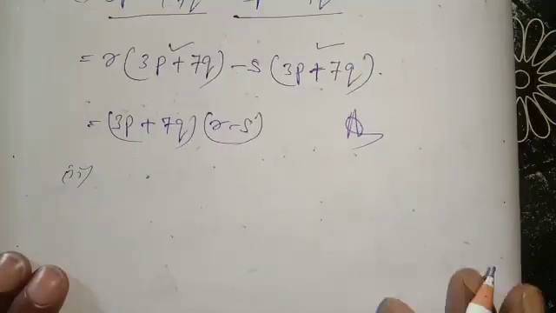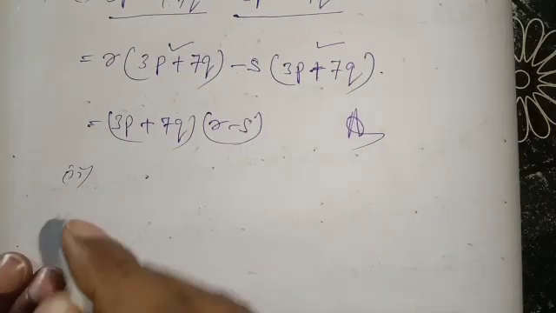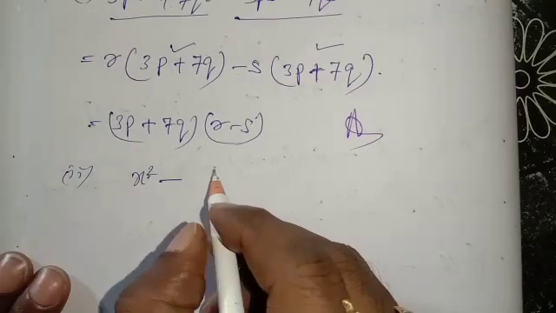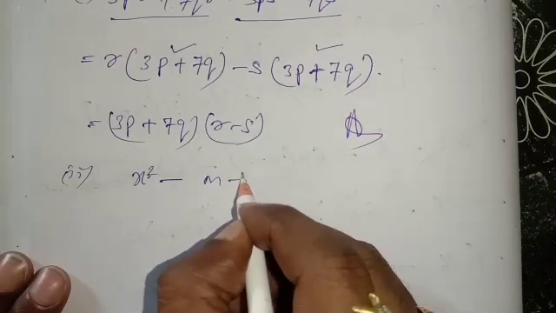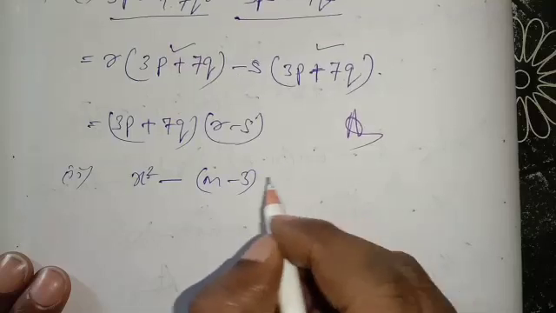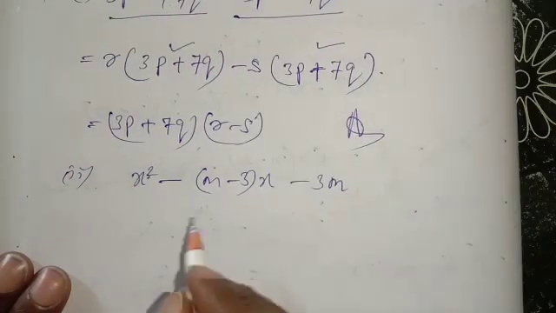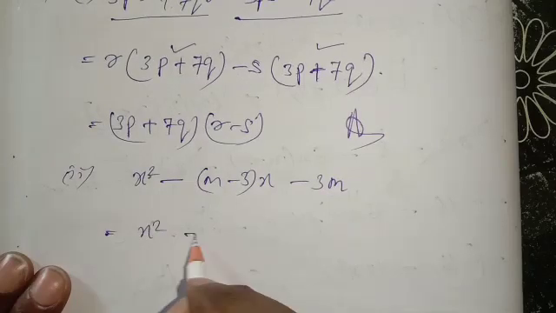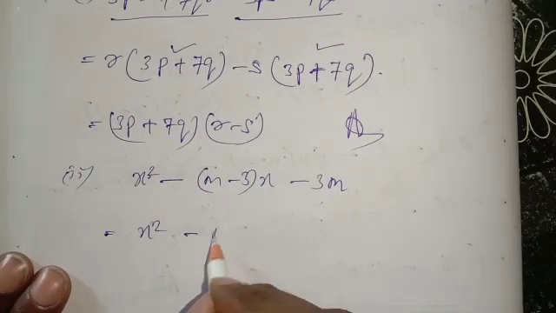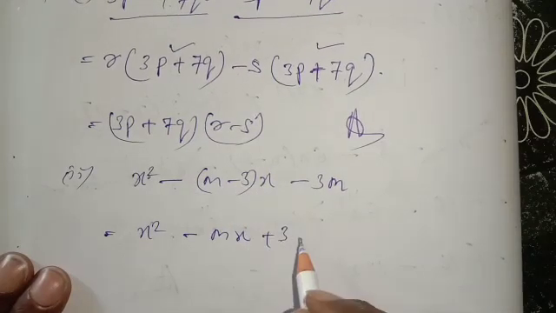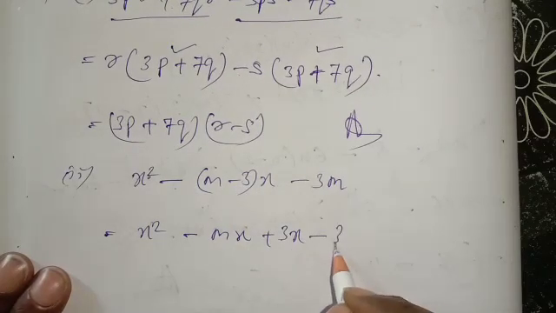Second part. What is given in the second part? x square minus (m minus 3) into x minus 3m. First of all, you have to open the bracket, the middle one. That will be minus mx plus 3x, 3x minus 3m.